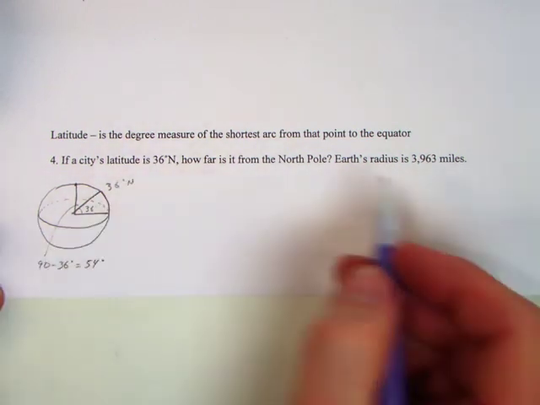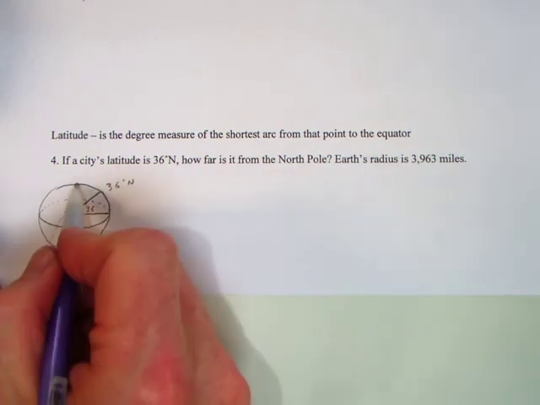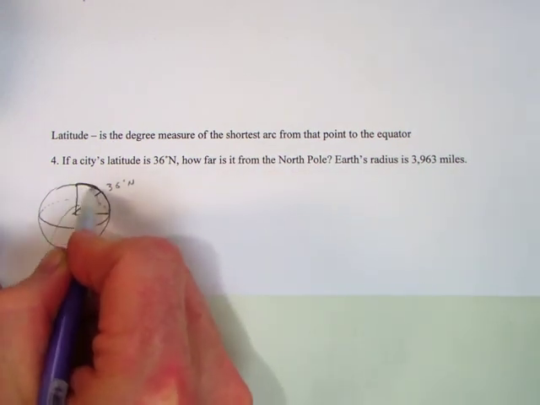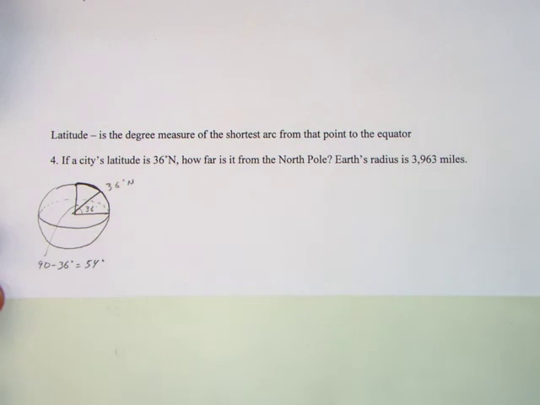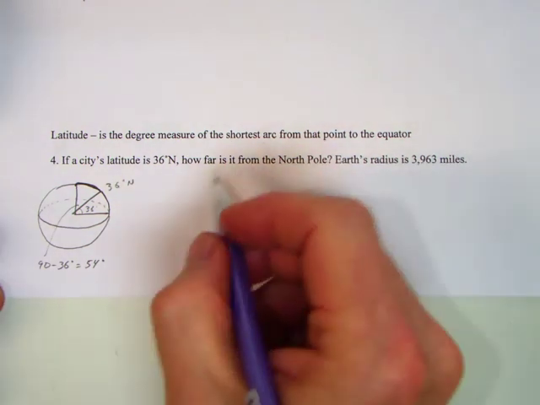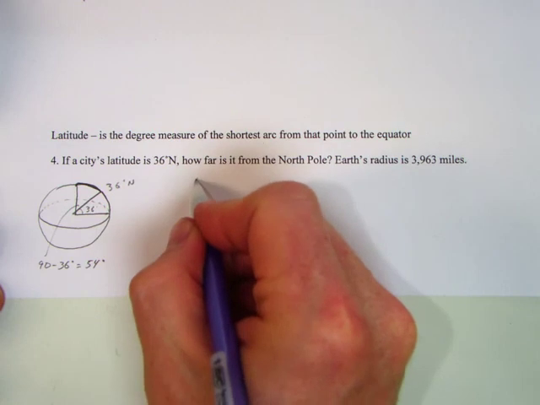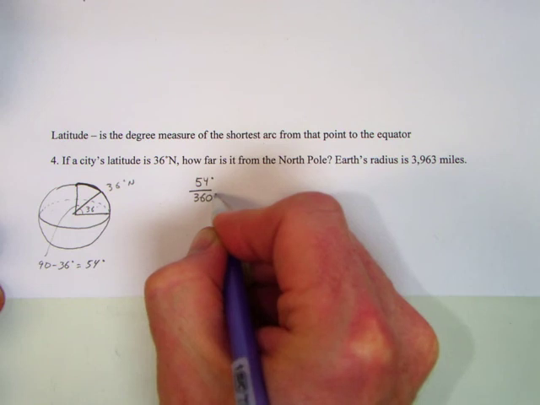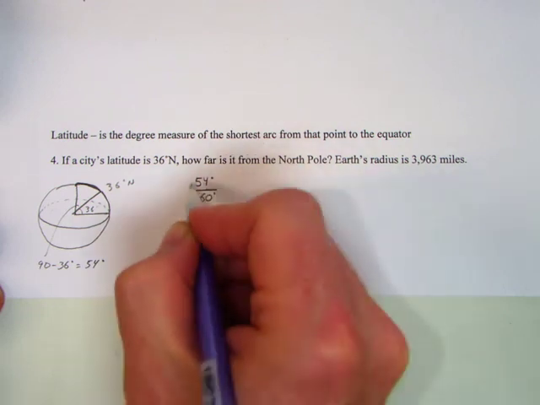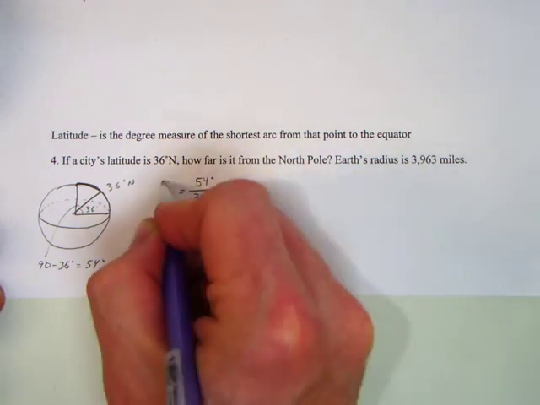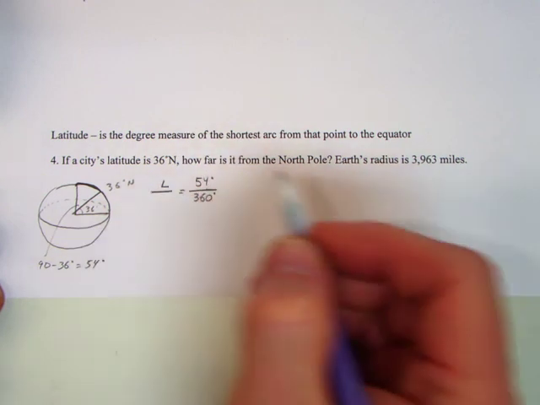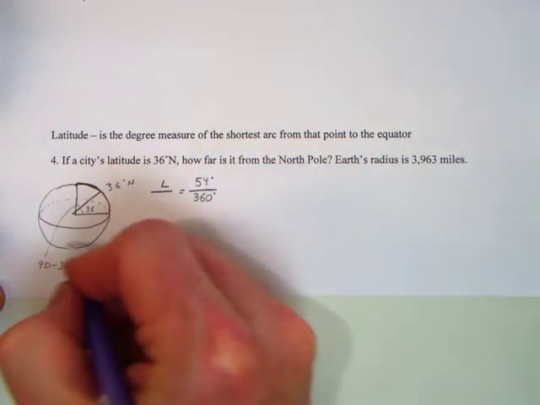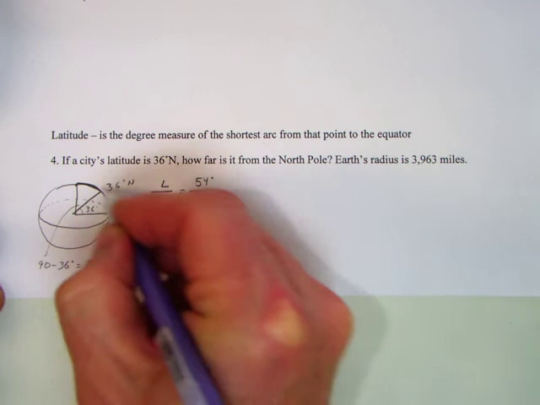And what do I want to find? How far it is. I want to find the length of that. Recall we've already done problems of length. So we would say 54 degrees is to 360 degrees, as the length, let's just call it L, is to the entire length of this circle.